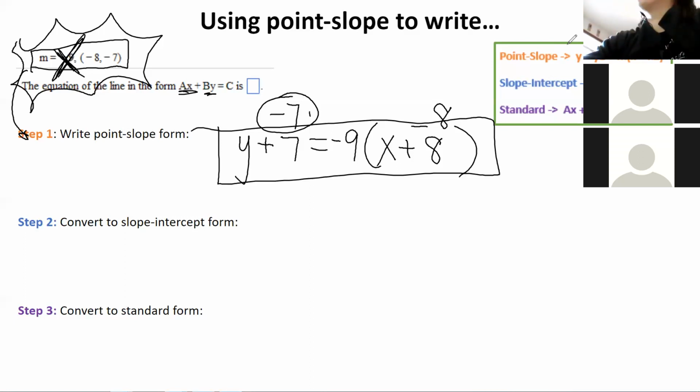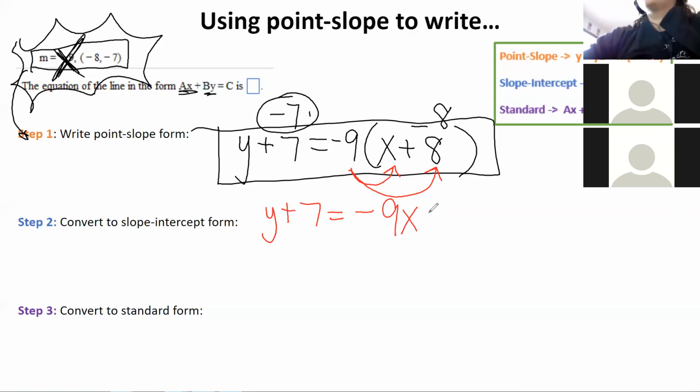Yeah, we distribute. Very good. So we're going to take the negative 9 and we're going to distribute it with multiplication throughout those parentheses. So we get y plus 7 equals negative 9x. Negative 9 times 8. Is that negative 72? Yeah, I'm pretty sure. Yep, definitely.